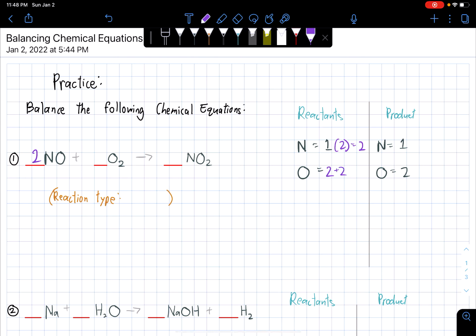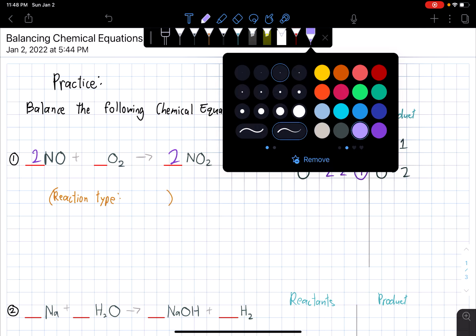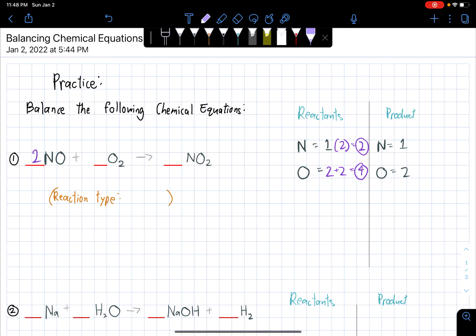And if we add the O sub 2 at the other side, another reactant apart from this reactant, we get 4. So in that case, we'll have to place 2 here as well, and that will be a different color to prevent some sort of confusion.